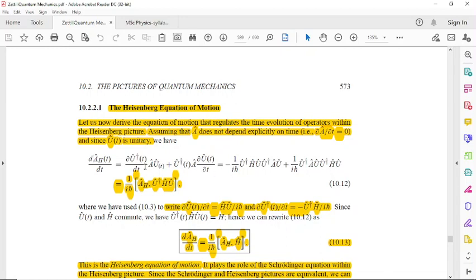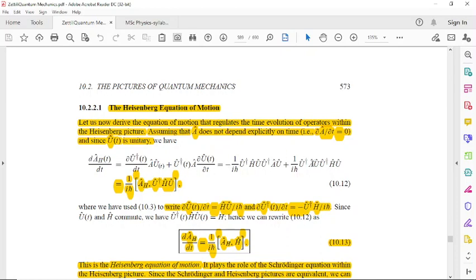When we differentiate U dagger with dt, we will get minus 1 by i h cross U dagger H, U dagger A U, plus 1 by i h cross U dagger A H U, which is equal to 1 by i h cross.